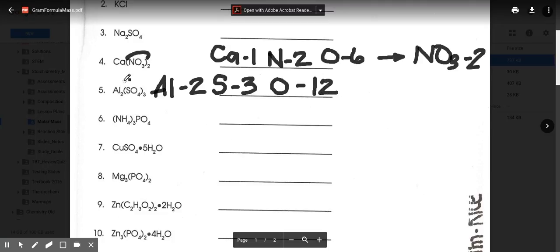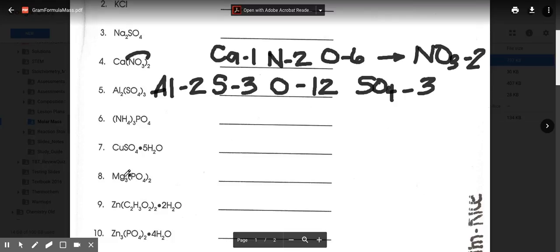So once again, what happens if we leave the polyatomic ion as a unit? Then you should see that sulfate, SO4, is inside the parentheses, which lets us know that with that 3 on the outside, we have 3 sulfate ions in the compound aluminum sulfate.